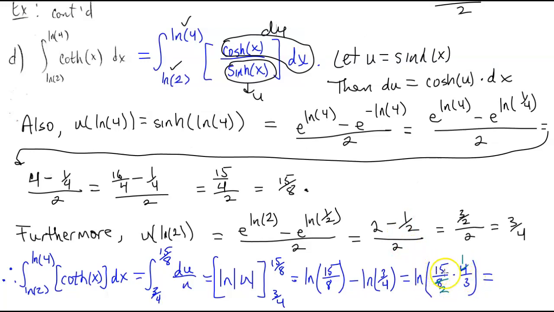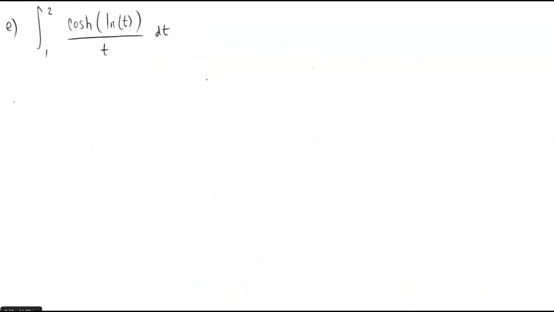And we know 15 divided by 3 is just 5. And so our final answer there is just going to be natural log of 5/2. So for our next example, we have, again, cosh of natural log of t, all that divided by t.